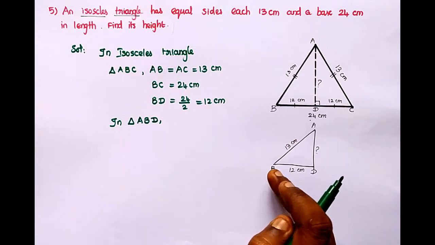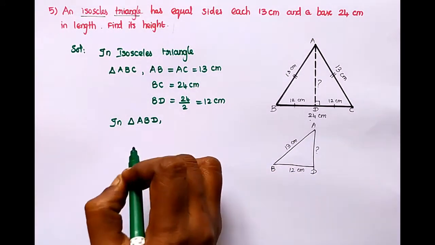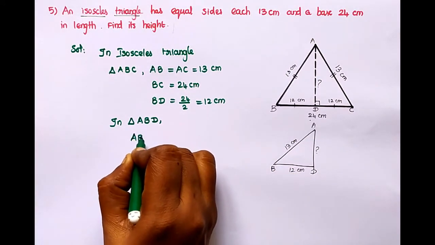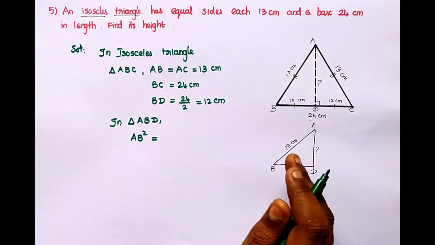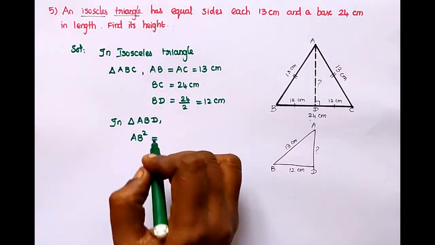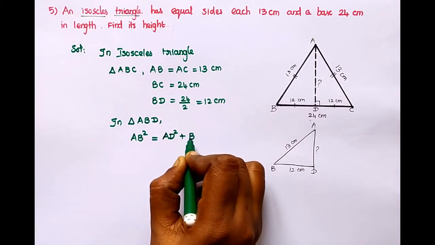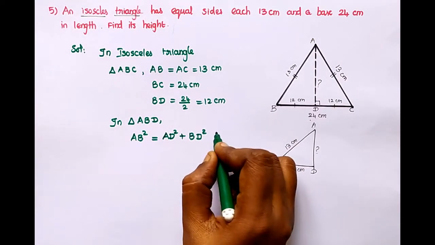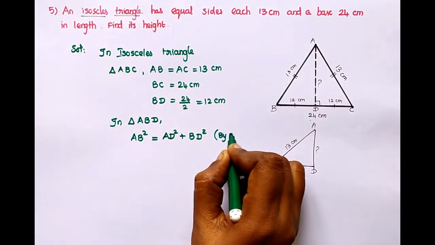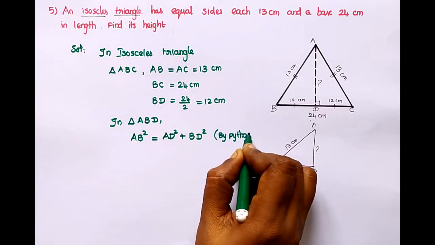AB squared equal to AD squared plus BD squared, by Pythagoras theorem.